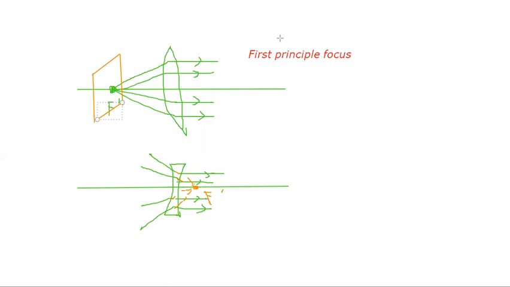This is the focal plane, this is the lens, and instead of being parallel to the principal axis, the rays are incident at an angle. Then what happens is that they again will converge at a point.